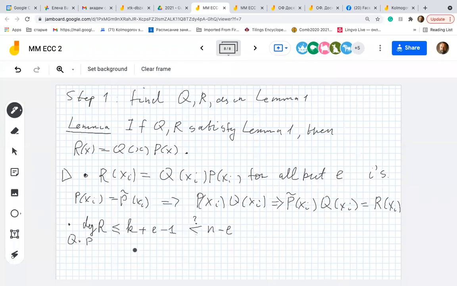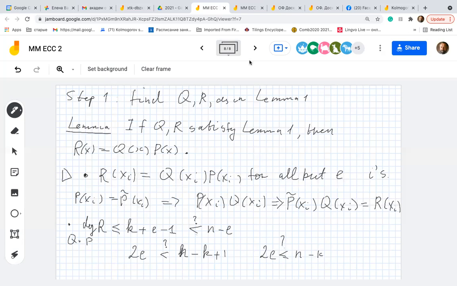So that means that we need that 2e is strictly less than n minus k plus 1. Or in other words, we need that 2e is at most n minus k.